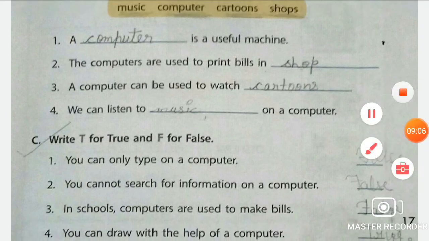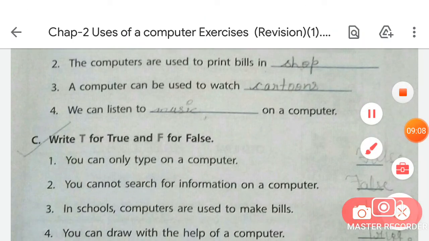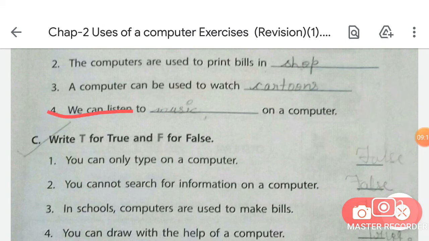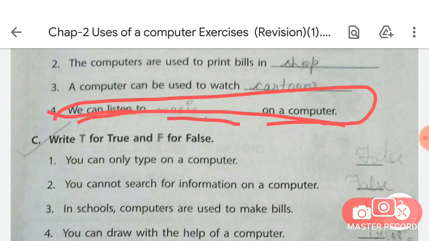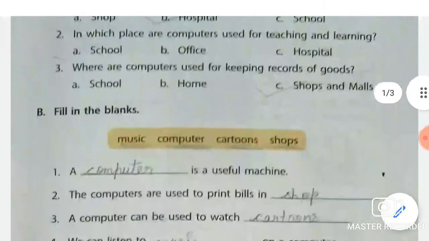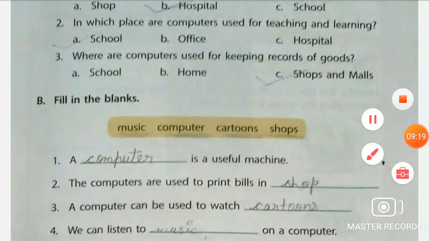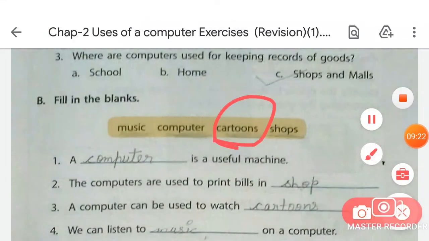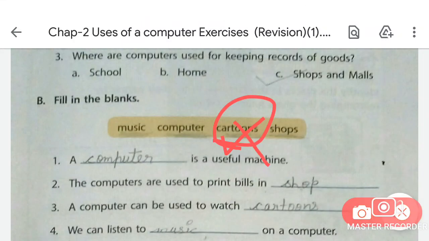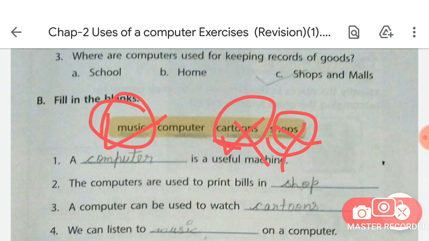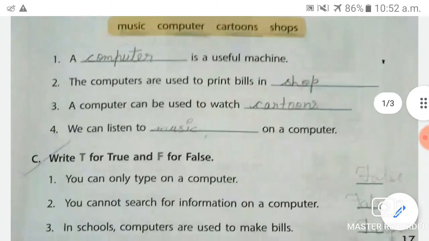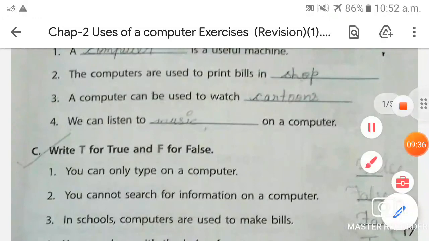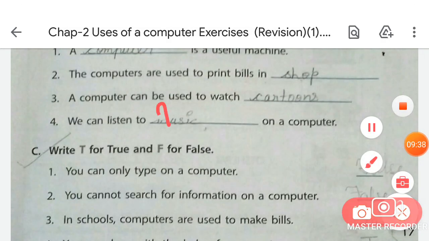Now move on to the next sentence. We can listen to dash on a computer. What can we listen to on a computer, students? Can we listen to cartoons on a computer? No, we don't listen to cartoons, we watch cartoons. Next one, shops. It is also wrong. So the correct answer is music. You have to write music over here.